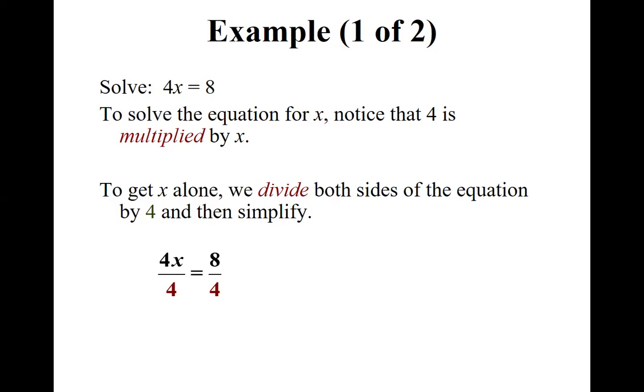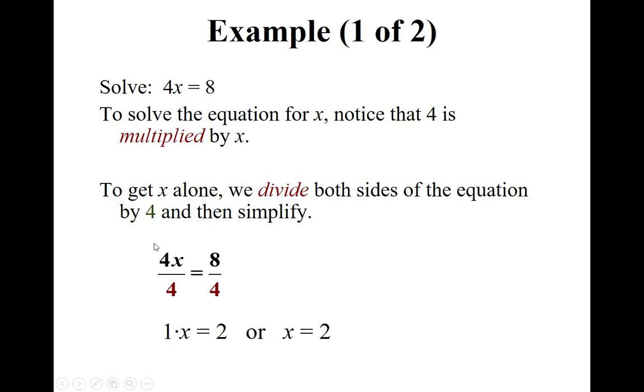4x over 4 equals 8 over 4. 4 divided by 4 is 1. 1 times x is x. 8 divided by 4 is 2. So x equals 2. When I did this, 4 divided by 4 is 1. 1 times x is x.